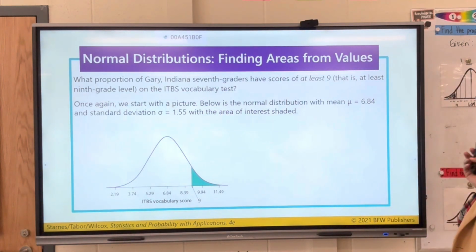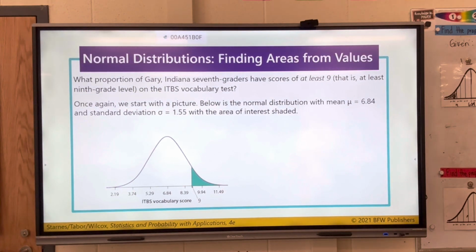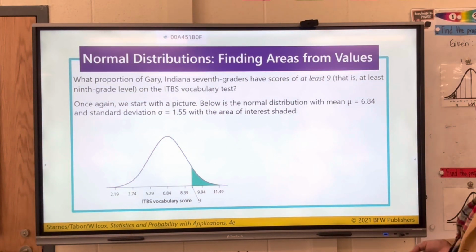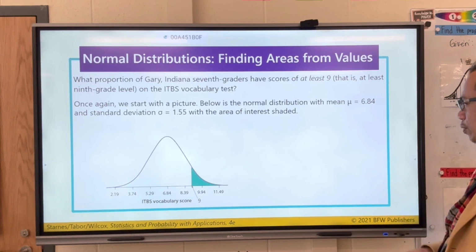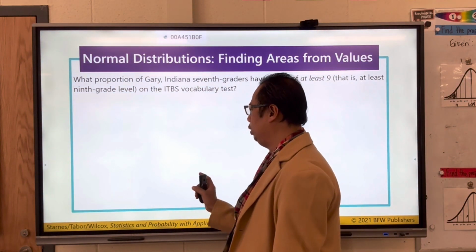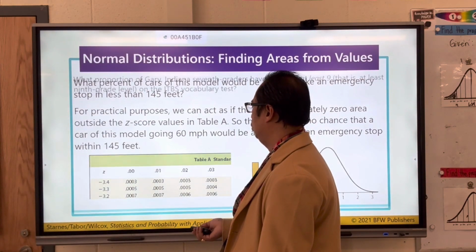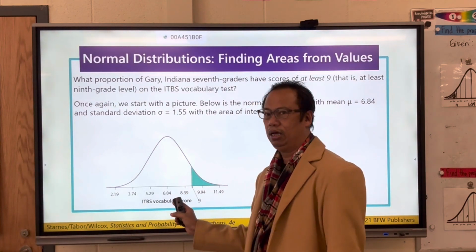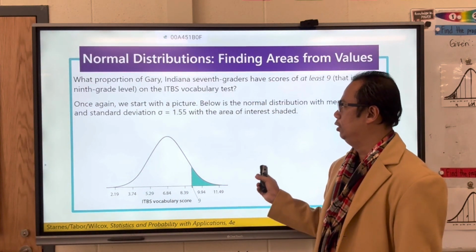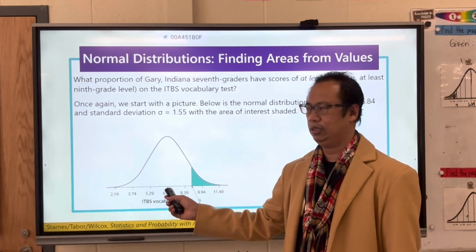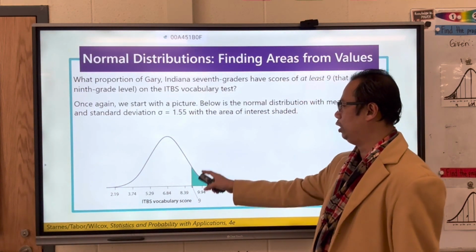Okay, so in the second procedure, we have the second objective: find the proportion of the values to the right boundary of a normal distribution. So again, what we do, we draw the line and then we get the values. Okay? So we add 1.55 to the right and we subtract 1.55 to the left. Okay? Then we locate the 9.